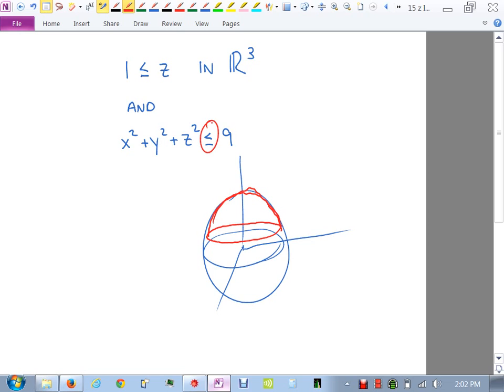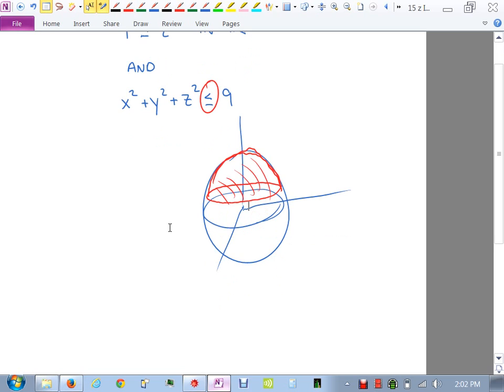So it was a ball, a ball of radius 3, and we say you've got to cut off everything below 1. So you just get this cap. It's a 3-dimensional cap, solid. You all see that? Okay.